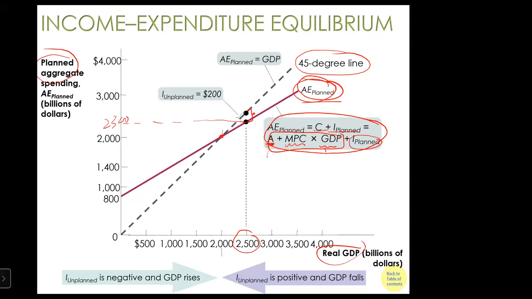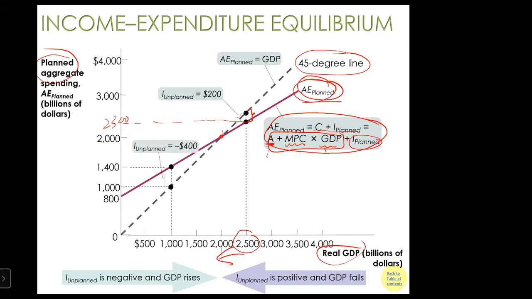So you are going to accumulate additional inventory, because those are unsold goods and services. That's going to be a signal to the business that you have produced too much, you have been too optimistic. So then you want to reduce your production, and you move in this direction.